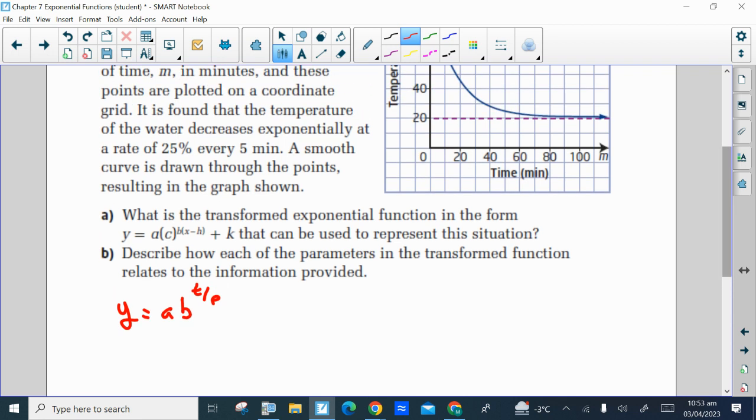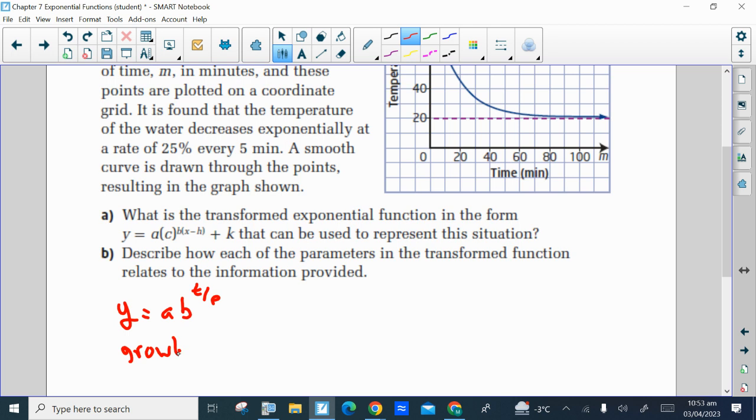So it is found that the temperature decreases exponentially at a rate of 25% every 5 minutes. Your b value, your growth factor, though, isn't what it decreases by. Your growth factor is how much remains after each 5 minutes. So if it loses 25%, that means it maintains 75%.